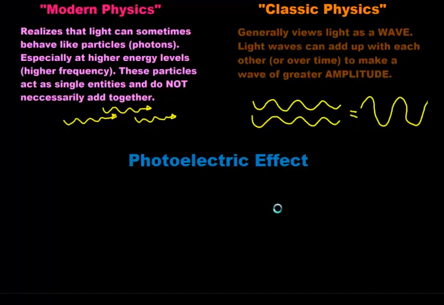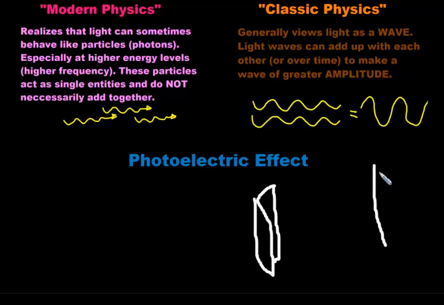So first, how would classical physics or the wave theory of light try to explain or predict what the photoelectric effect might do? Here's the plate. It's kind of a curved plate like this, and that'll be our sodium plate. Classical physics would see the best way to think of it as maybe a magnifying glass, some kind of magnifying glass lens like this.